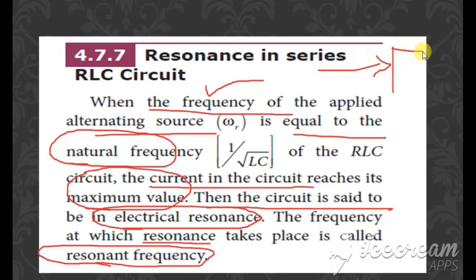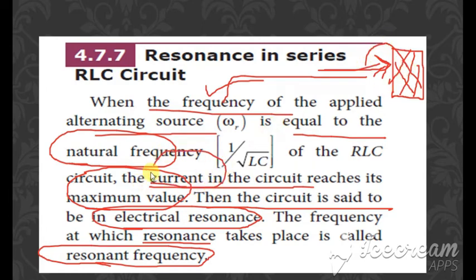Suppose you are applying a frequency to any container, or just consider any box. To that box, if you are applying an external force, that will have some external frequency. If that frequency is equal to the frequency of this box, the box has a frequency of its own, right? So when the two frequencies match, the current in the circuit reaches a maximum value.